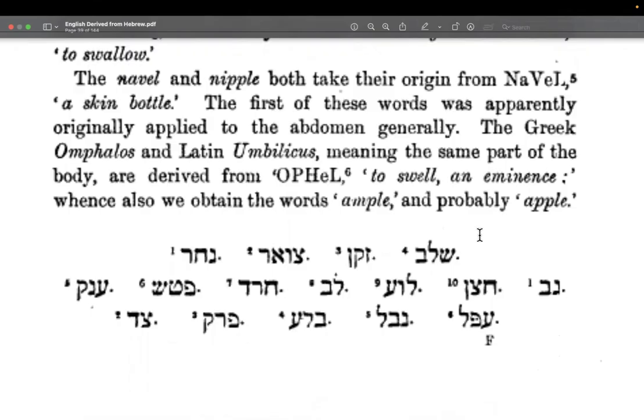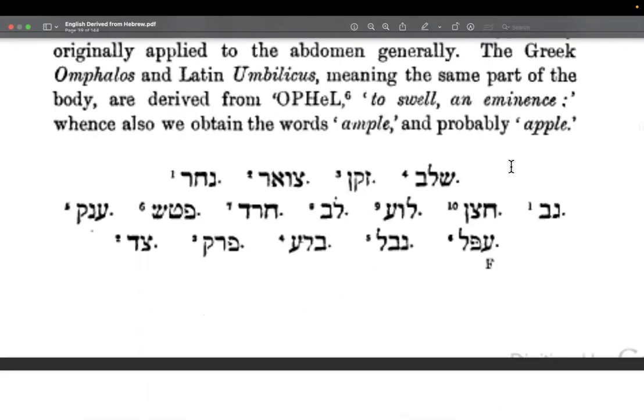It's interesting, though. The first of these words was apparently originally applied to the abdomen generally. The Greek omphalos, the Latin umbilicus, meaning the same part of the body, are derived from ophil, to swell, and eminence. Whence also we obtain the words ample and probably apple, meaning from ophil, to swell or an eminence.